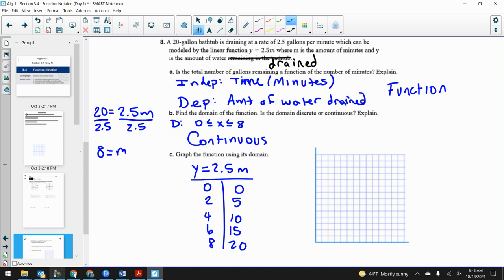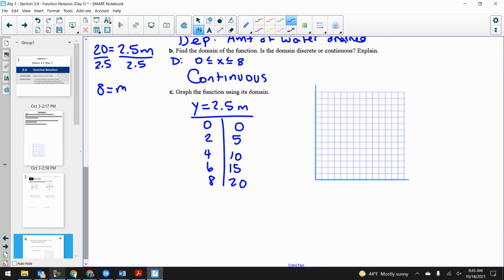So what's the label on my x-axis? What's the word label? Time or minutes. Yeah, I would accept either one of those. Okay, let's just say time for our purposes here. And now, what's the dependent variable? What goes on my y-axis? Gallons. True, but water drained.